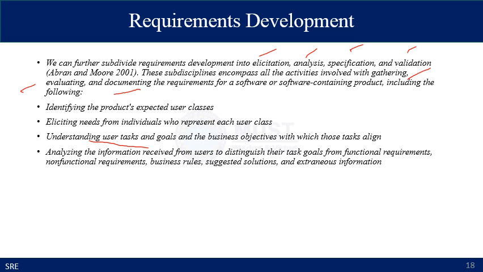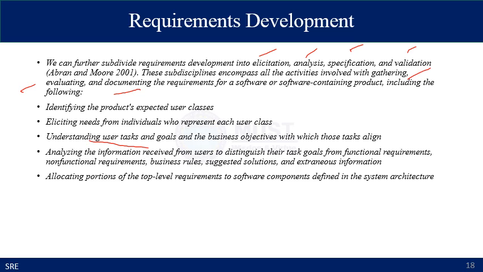And then after the elicitation and the mapping of the user task and goal with the business objectives, you have to analyze the information received from users to distinguish their task goals from functional requirements, non-functional requirements, business rules, suggested solutions, and any further information.